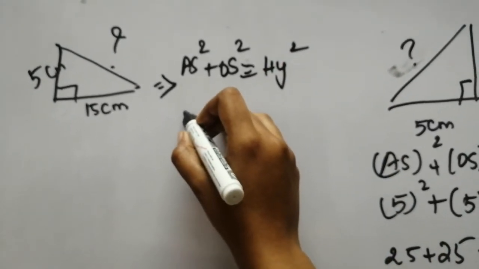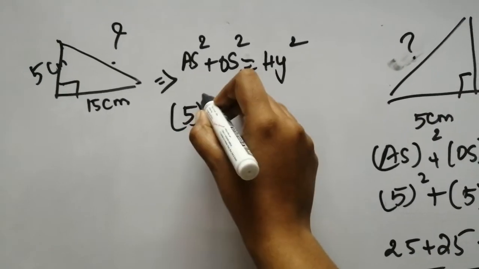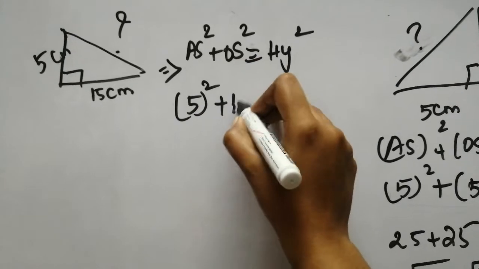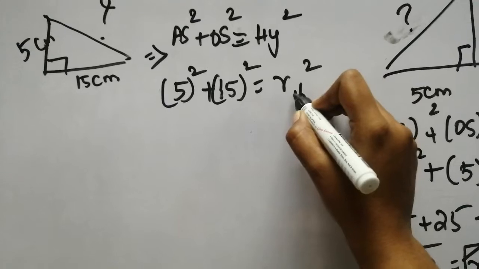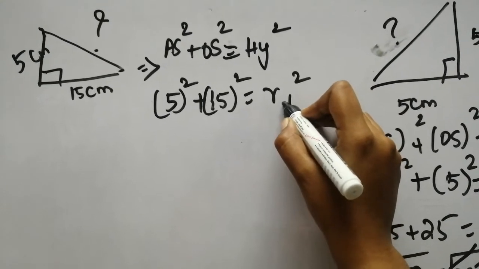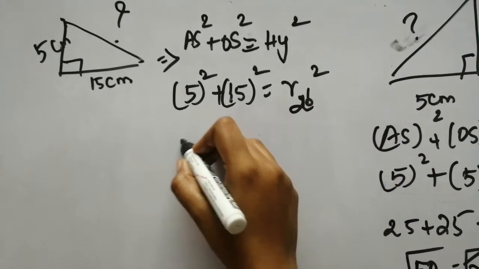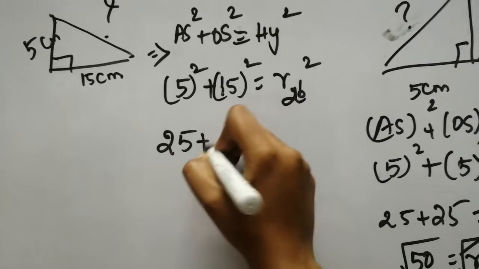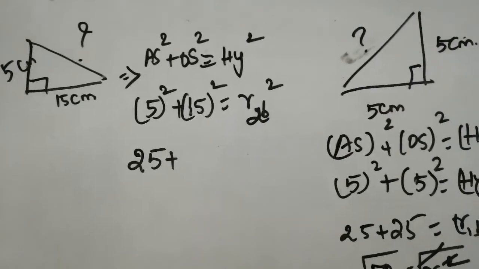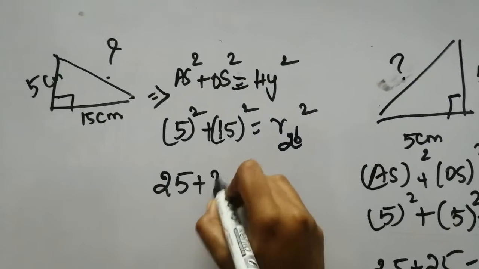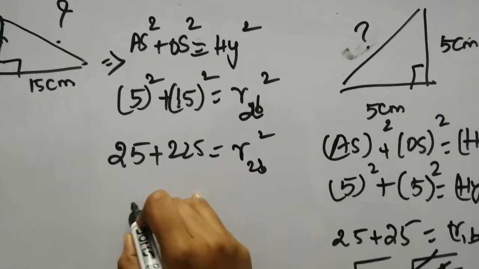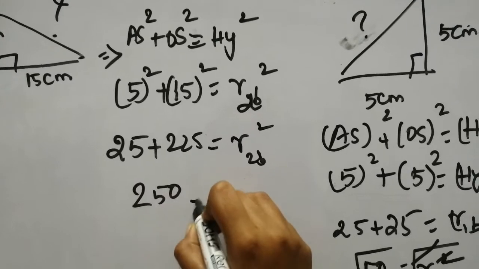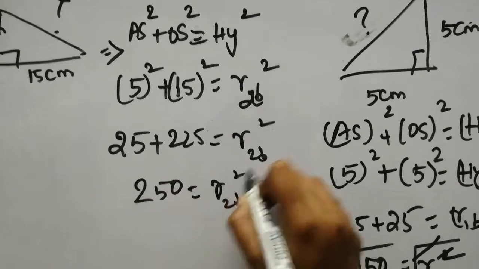So 5 square plus 15 square is equal to R2B square. So 5 square is 25 plus 15 square is 225 is equal to R2B square. When you add up, it is 250, which is equal to R2B square.